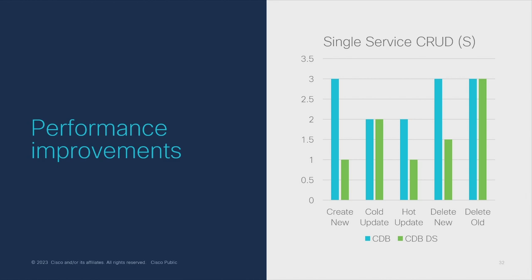Cold updates perform on par. Cold meaning that the service data is not yet in memory. And hot updates are actually faster. Hot deletes are actually faster, and the cold deletes are faster. And then hot deletes are equally performant as the old one.